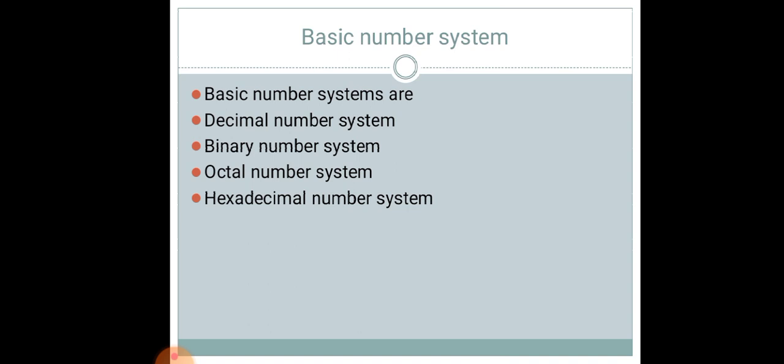Other than that, there are two more number systems, XS3 and gray code, which are used for other operations in computer, but basically the operations need these four number systems: decimal, binary, octal, and hexadecimal.